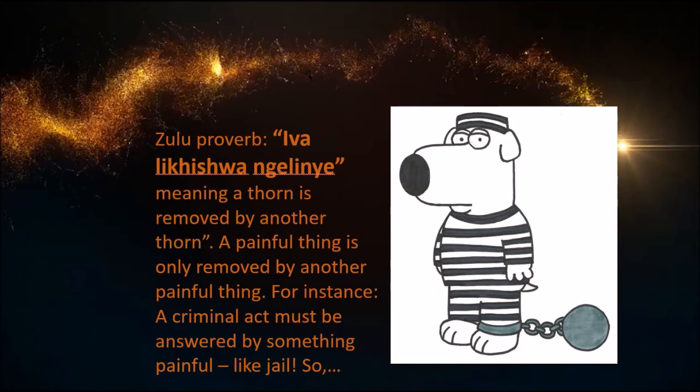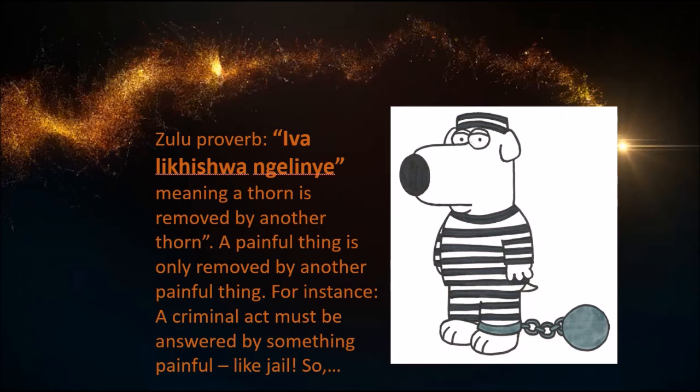A thorn removed by a thorn. For instance, a criminal act must be answered with something painful, like jail. So here you have then the jailbird, because the thorn must be removed by another thorn. Something inhumane is answered with something also slightly inhumane.